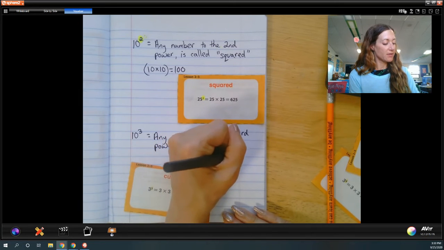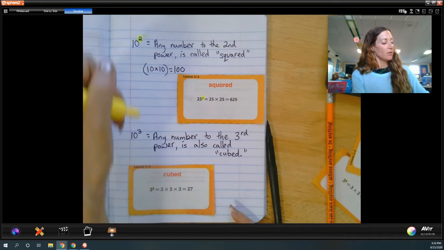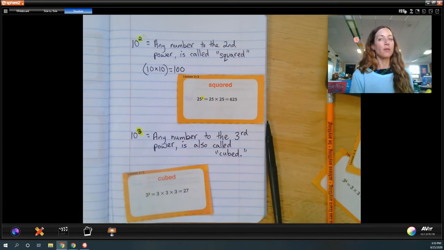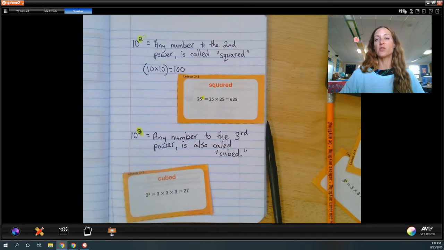And I will move my hand so you can look. Any number with 3 on top as an exponent, you can also call 10 cubed. You'll only see that for the second power and the third power. There are no special names for 10 to the fourth power, 10 to the fifth power, and so on. It doesn't matter what your base number is, however.